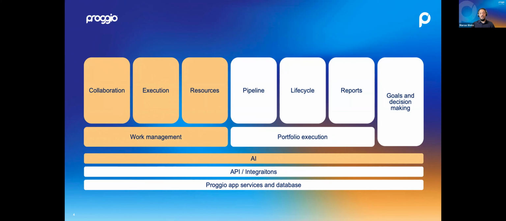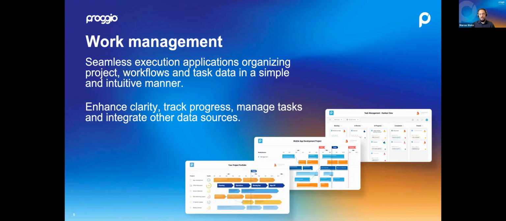Now, for the brief portion before we get to the free version, I want to talk about the full version of Progio. We, of course, have the work management layer, so everything for seamless execution, organizing projects, workflows, task data, etc. This helps you and your team to enhance clarity, track progress, and of course, manage all the tasks and sources that are used for that.